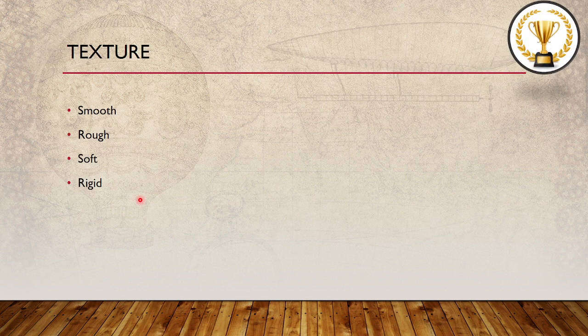Next is the texture. You can say smooth, rough, soft, rigid. You can say a smooth paper, a rough paper, a soft paper, a rigid shape, a rigid object. So these texture descriptions also are used to describe a noun, right? So you can describe a noun based on its texture with these examples of adjectives, right?